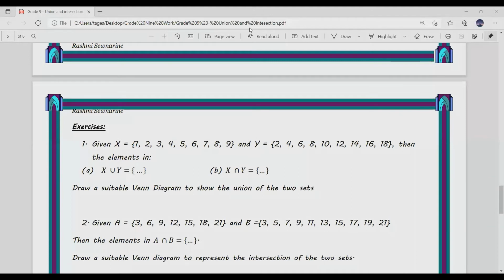Given that X is equal to 1, 2, 3, 4, 5, 6, 7, 8, and Y is equal to 2, 4, 6, 8, 10, 12, 14, 16, 18, then the elements in X union Y. Let me just write this properly.